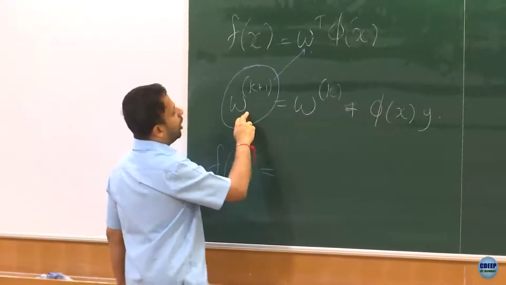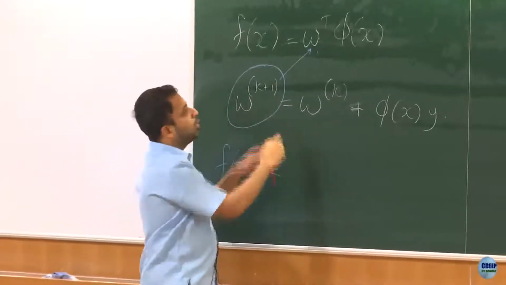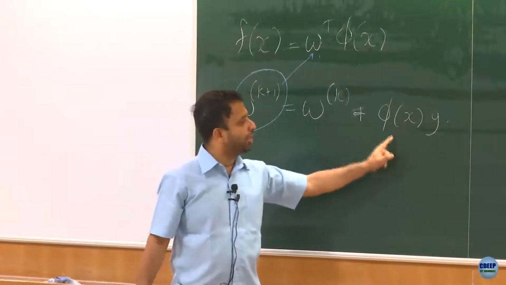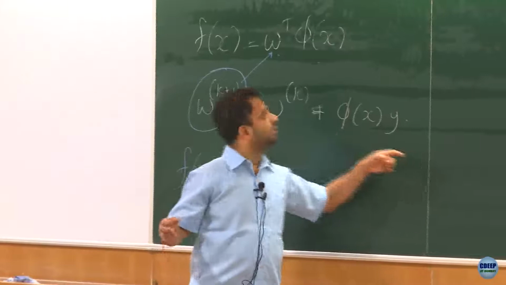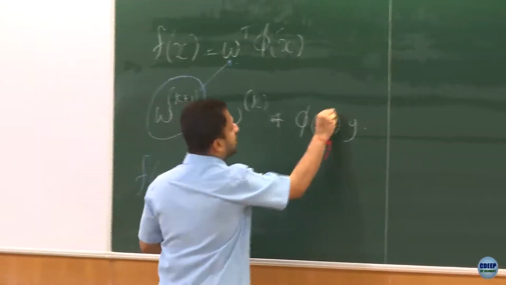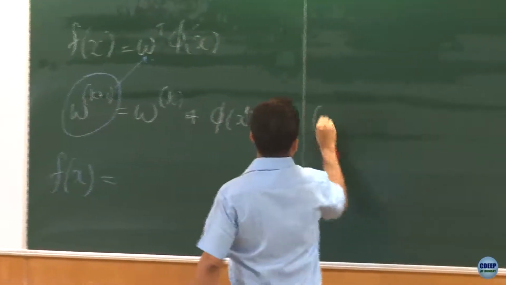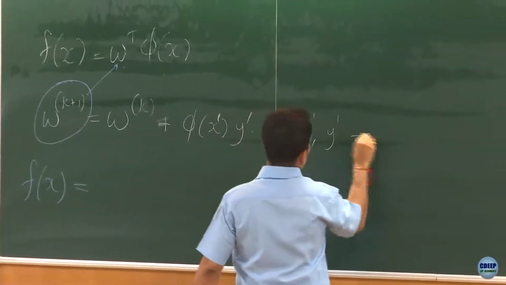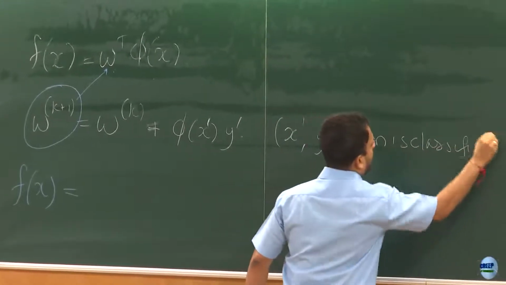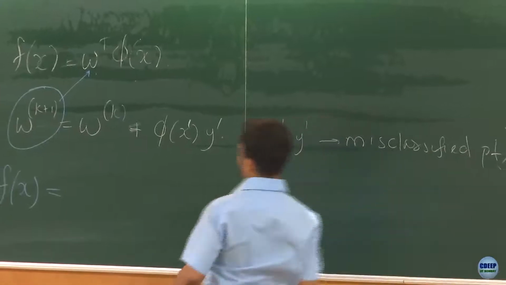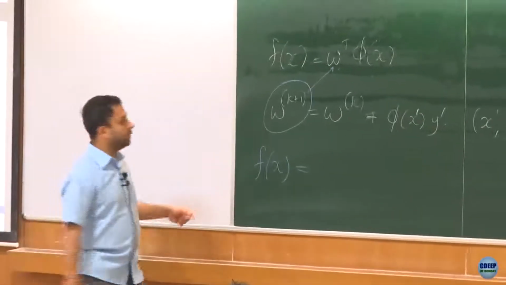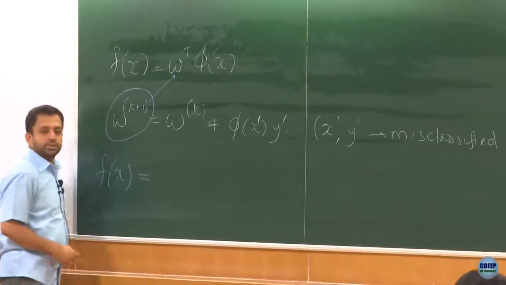So the dot product of w_{k+1} with phi(x) is the dot product of w_k with phi(x) plus the dot product of phi(x) with y. So let's distinguish between these two. Let's say this is x prime, y prime, the misclassified point. Okay, so what would f(x) look like?